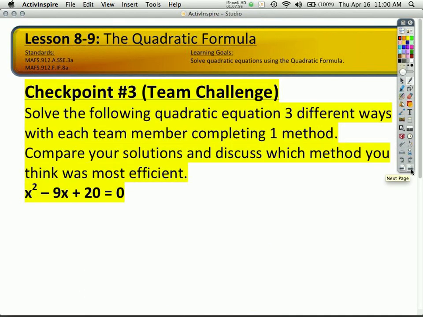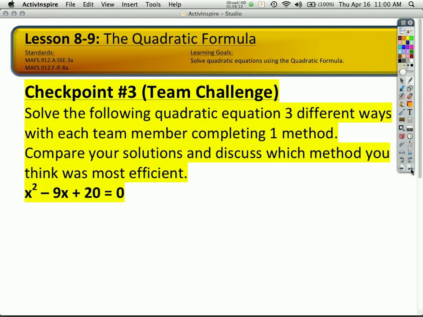Checkpoint number 3. It's a team challenge. The team challenge is this. I am giving you one equation to solve. But as a team, you must solve it 3 different ways.